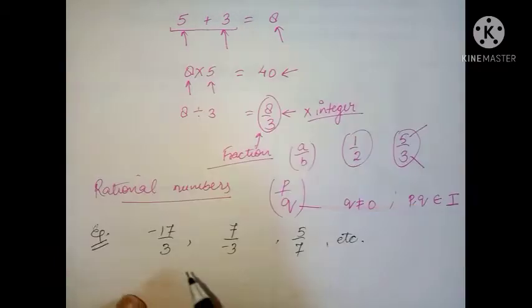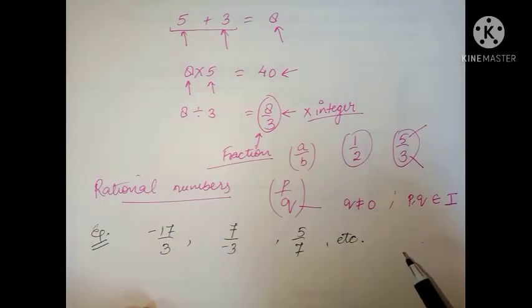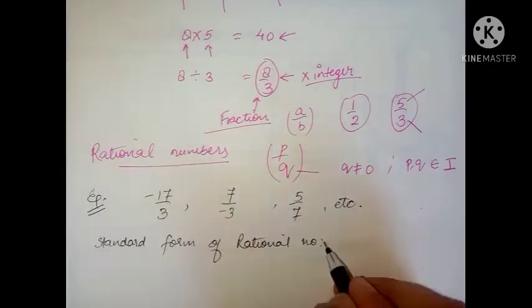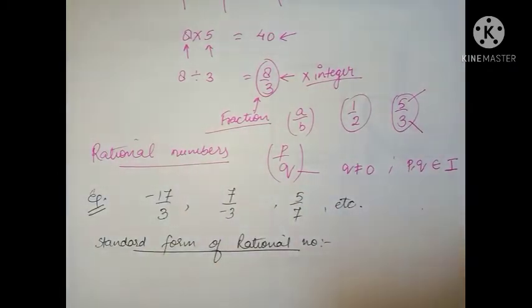For example, -17 upon 3. There can be infinite rational numbers. What is the standard form of a rational number? It's a very small thing, you don't need to worry about it too much.